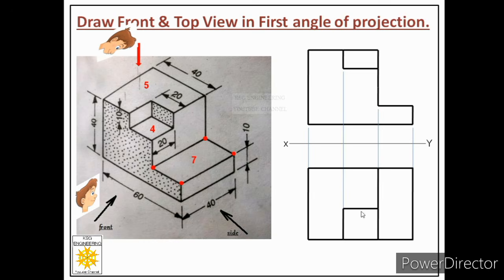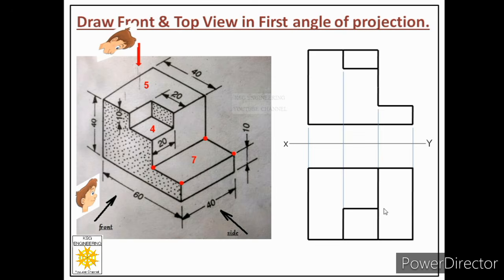And let us observe these two views carefully. We know that when we look at the object from front, we only see length and height dimensions. So in the front view, there will be only 2 kinds of dimensions, length dimensions and height dimensions. But we know when we look at the object from top, we see length dimensions and width dimensions.